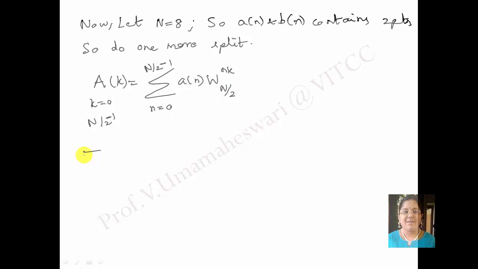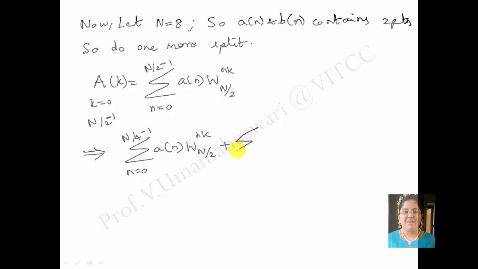As usual, we are going to collect first n by 4 terms separately and second n by 4 terms separately. Okay, so we have the first term like this, w n k to the base n by 2.